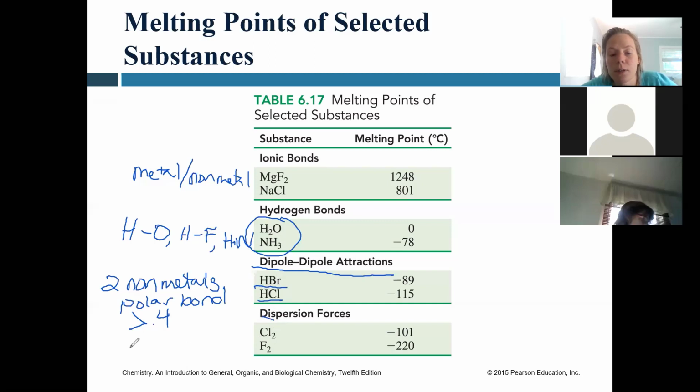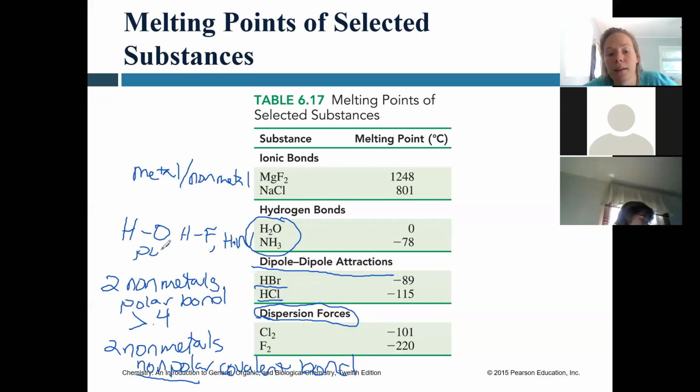Dispersion forces are when we are looking at two nonmetals, and they are a nonpolar covalent bond. So dispersion force goes with nonpolars, dipole-dipole with polar covalent bonds, and hydrogen bonds with polar covalent, but it has to be oxygen, fluorine, or nitrogen, and then ionic is just a metal and a nonmetal.